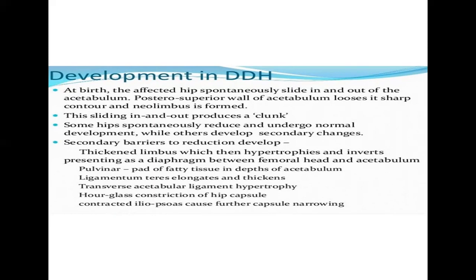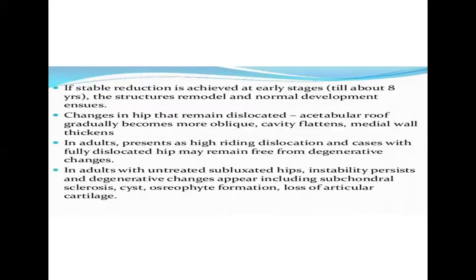Secondary barriers to reduction develop: a thickened limbus, which then hypertrophies and inverts, presenting as a diaphragm between the femoral head and acetabulum. Pulvinar, a pad of fatty tissue in the depth of the acetabulum; the ligamentum teres elongates and thickens; the transverse acetabular ligament hypertrophies; hourglass constriction of the hip capsule; a contracted iliopsoas causes further capsule narrowing.